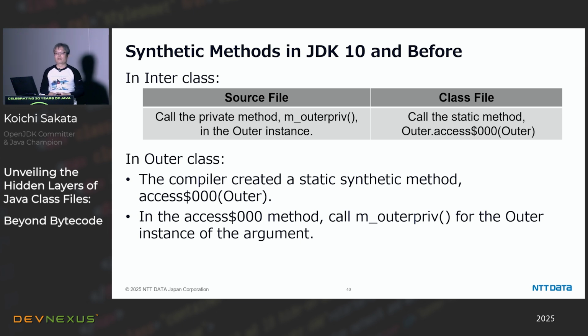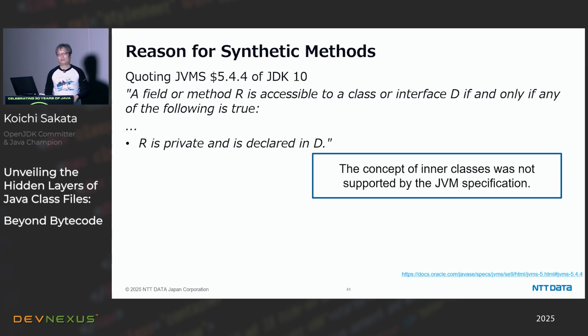Let's summarize things so far. Before JDK 10, a synthetic method was called in the inner class. The compiler creates the static synthetic method access$000 in the outer class. In the method, it calls the mOuterPriv method. The reason synthetic methods were used is because the JVM specification did not support access from inner classes to private methods of outer classes.